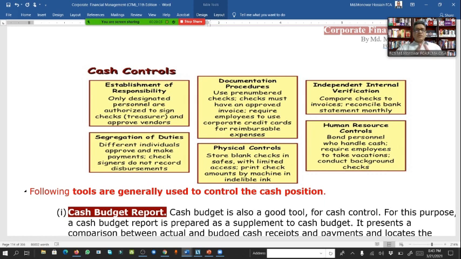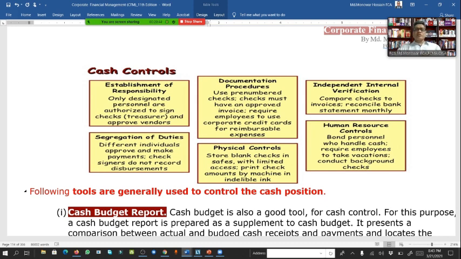For cash control within the organization, we have to fix responsibility. Someone or some department should take care of that, and segregation of duty is also needed for control. For example, in a bank, the bank is the custodian, and all banks have a vault for keeping money. The vault key is kept by two or three persons, not a single person.